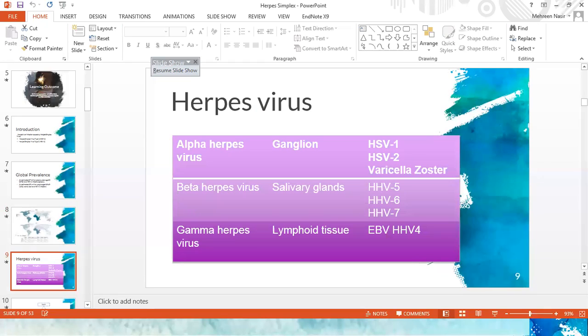The last class is the gamma herpes virus, in which the virus in latent stage rests in the lymphoid tissue. Example is the Epstein-Barr virus, also known as human herpes virus 4. In this presentation, we are going to cover human herpes virus 1 and human herpes virus 2. And in latent stage, this virus rests in the ganglions.